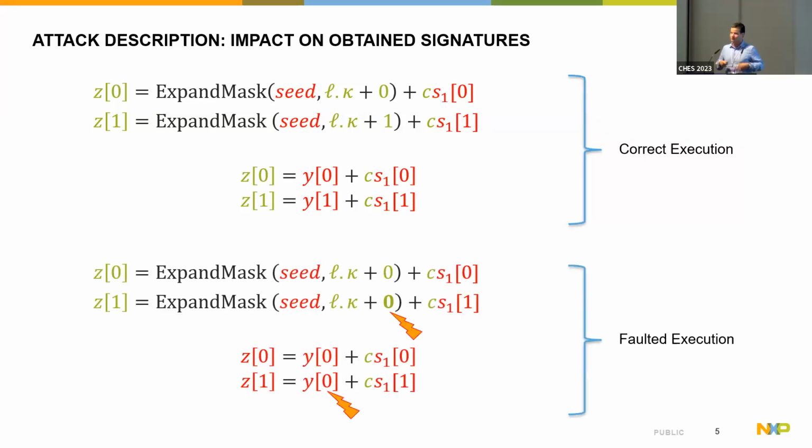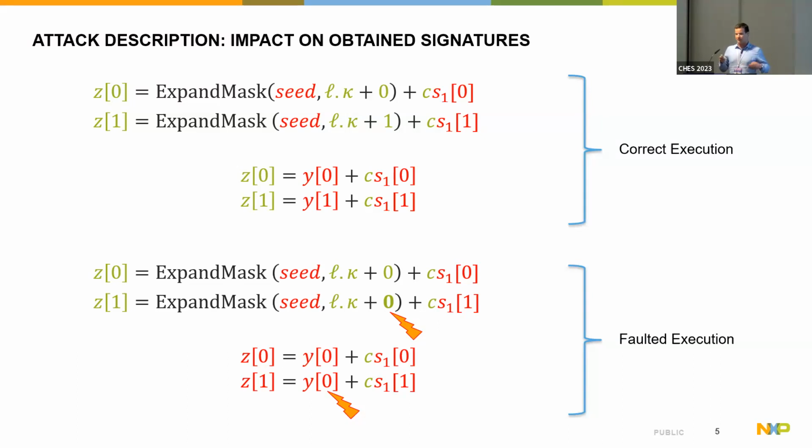And what you can do as an adversary is to say, okay, what happens if I just skip the increment here and I just make sure that this never occurs? So I will end up in the signature with Z0 and Z1 that both embed the first polynomial in Y, and the first polynomial in Y is embedded in both signature polynomials. And this is the faulty execution.